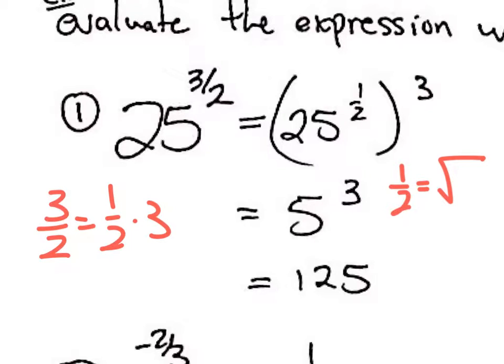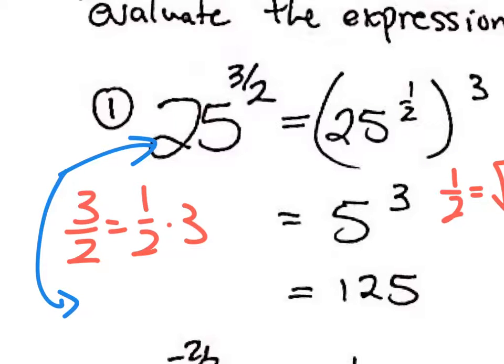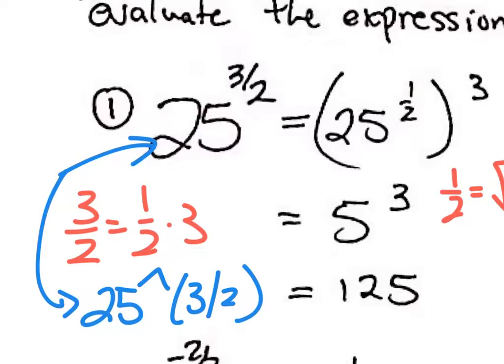And then we have that to the third, and looking at the chart above, 5 to the third equals 125. You could verify, if you were typing this in on your calculator, just to get familiar with the calculator or to check your work, you'd probably want to say 25 to the, and then make sure you put that 3 halves in parentheses.